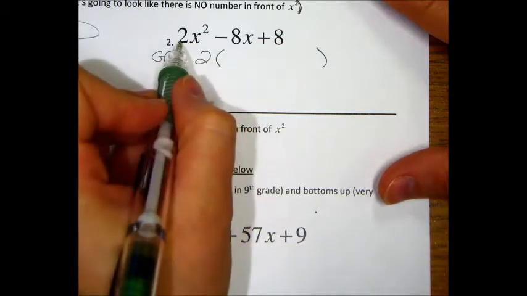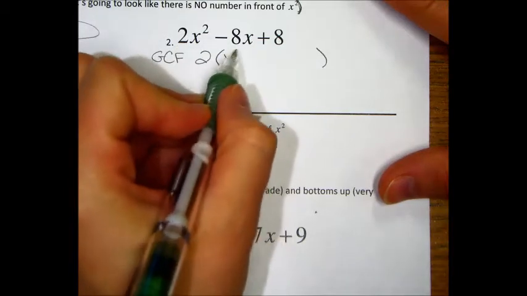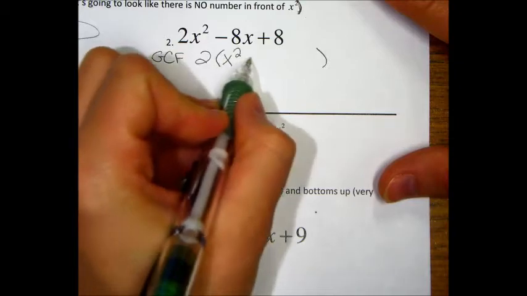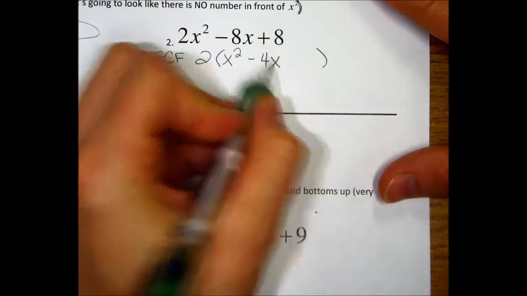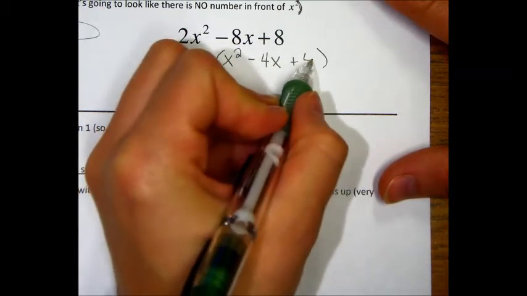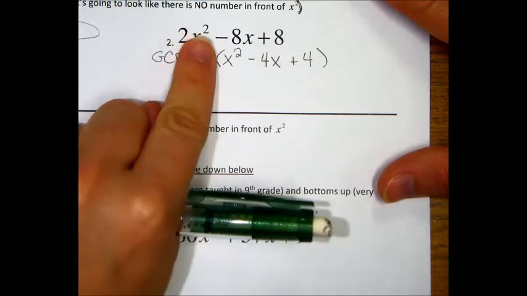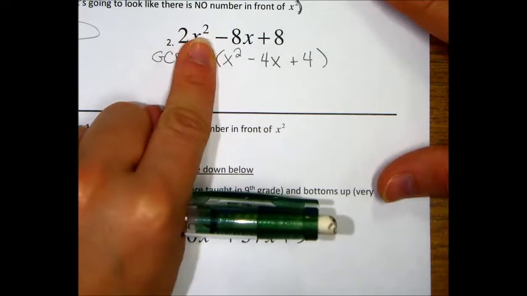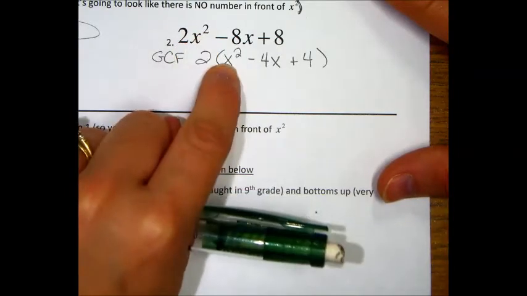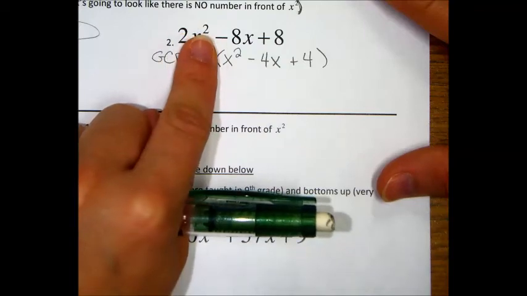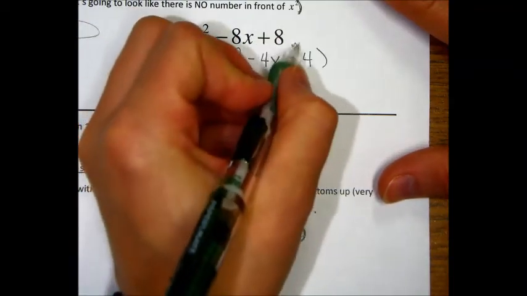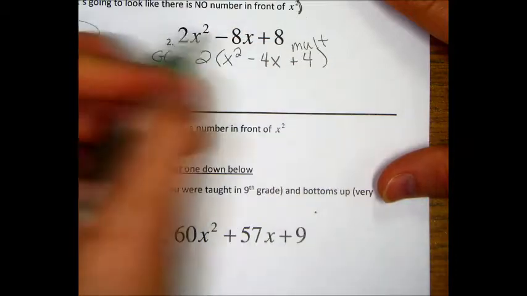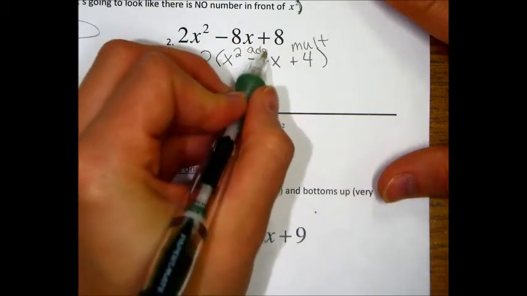We're going to divide by 2, so we're left with this x squared, minus 4x from the 8, and then a plus 4 at the end. Now we have a problem. If you ignore that 2 out front, we have a problem with just a 1 in front of x squared, where it doesn't look like there's anything in front of x squared. So I need numbers that multiply to positive 4 and add to negative 4.